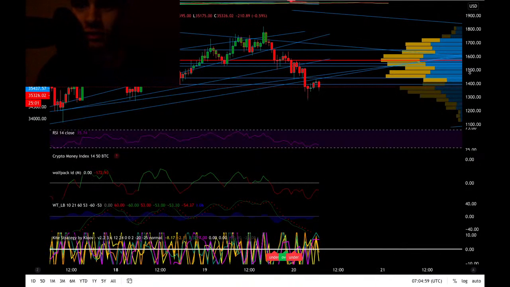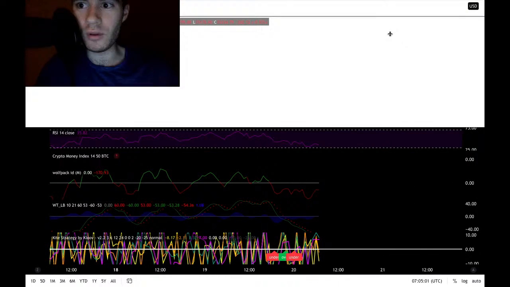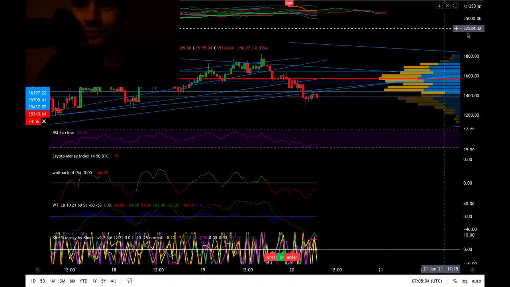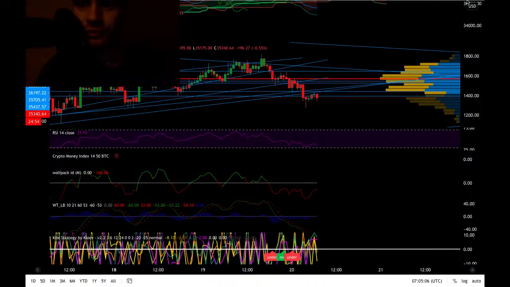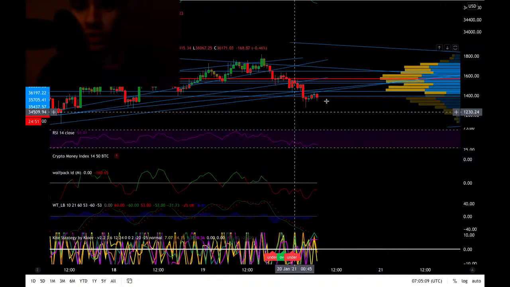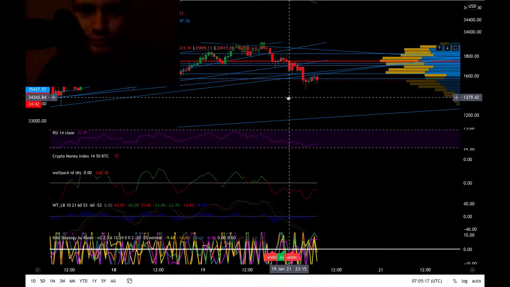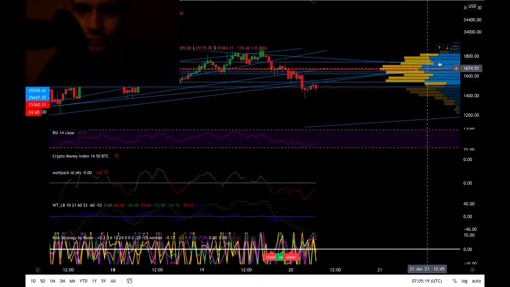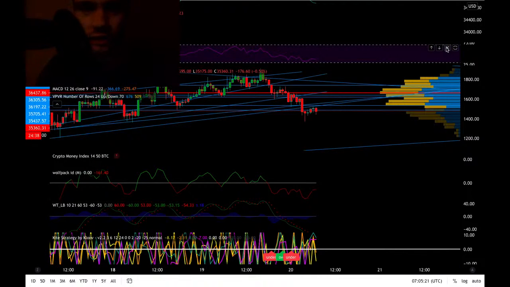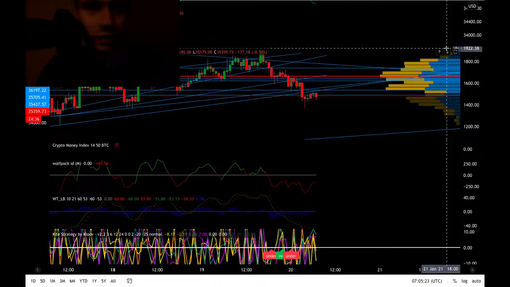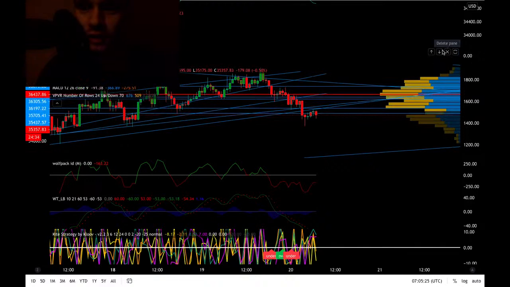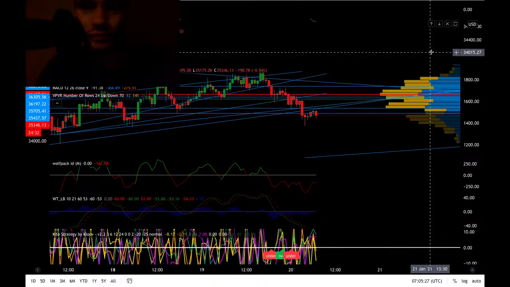Okay, so I'm gonna have to pull this out to zoom in. Or it's not gonna let me zoom in at all. Alright, but what is this? And then the RSI is right there. Oh.